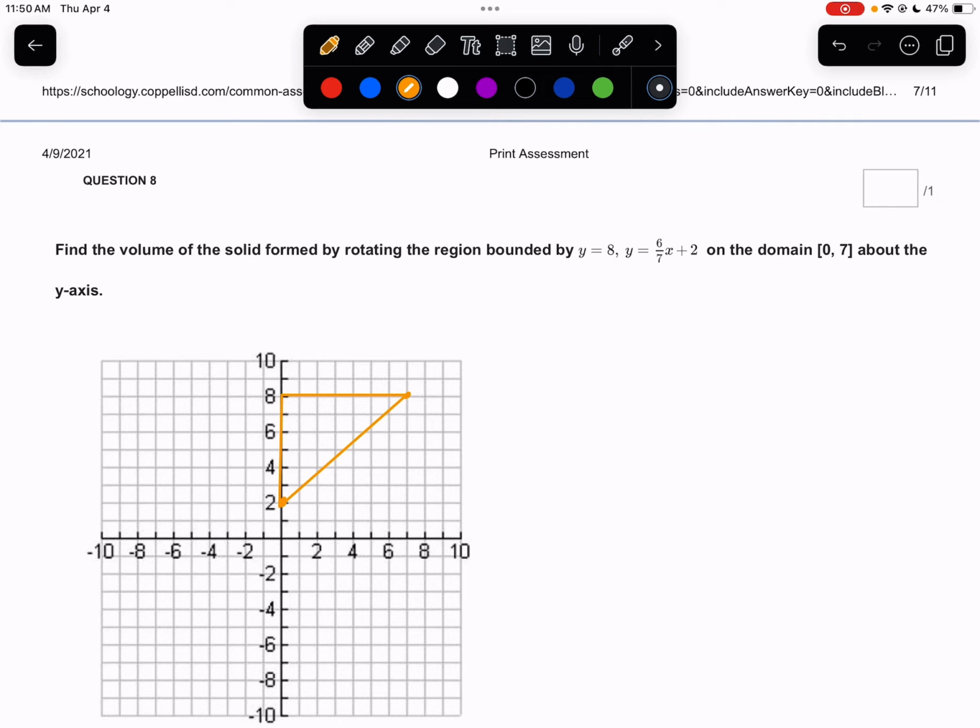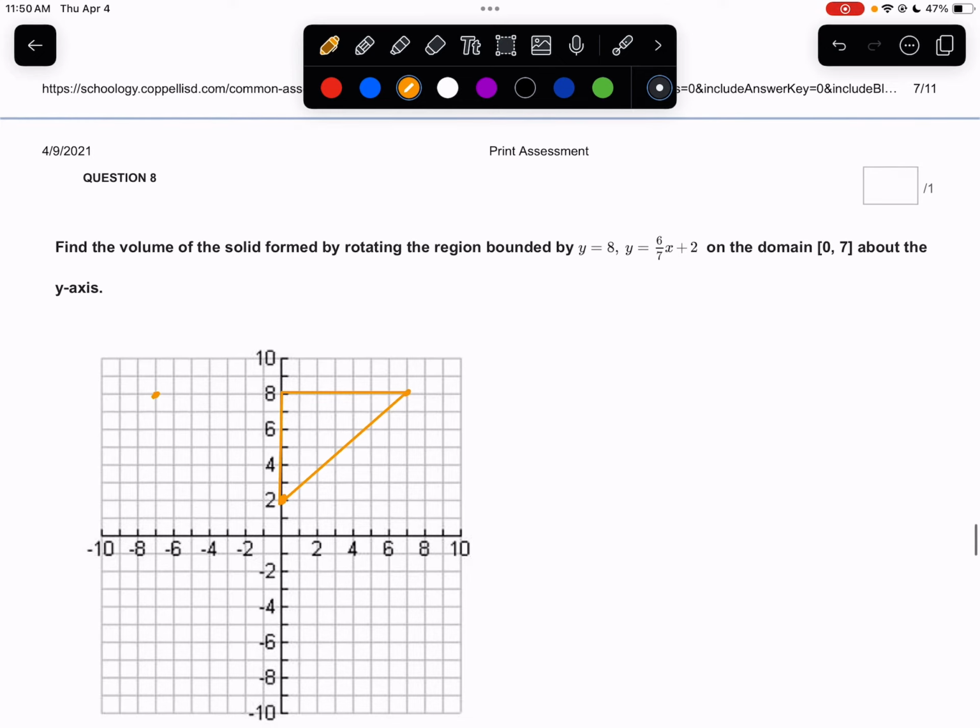And we're going around the y-axis. So if this is at 7, 8, I need to go to negative 7, 8. We're going to negative 7, 8, and we're rotating around the y-axis. And so that's going to make a cone. The radius of our cone would go from 0 to 7, so r equals 7.